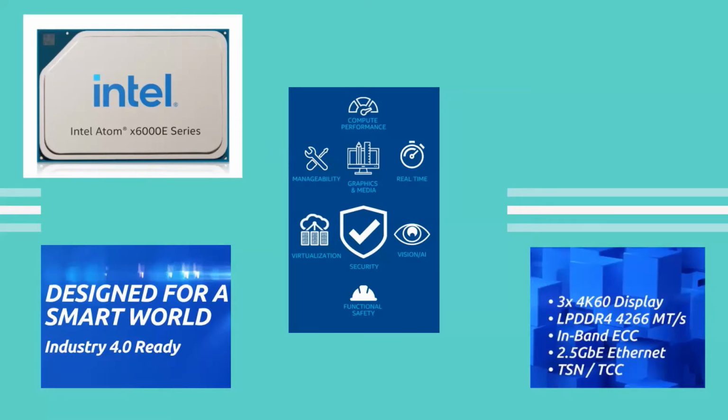Featuring a choice of pin-compatible options, this Intel Atom processor offers a wide range of 2-core and quad-core options operating at up to 3.0 GHz and supporting both DDR4 and LPDDR4 memory in configurations up to 64 GB. Thermal design power ranges between 4.5 watts and 12 watts, allowing implementations in various form factors with passive or active thermal solutions.